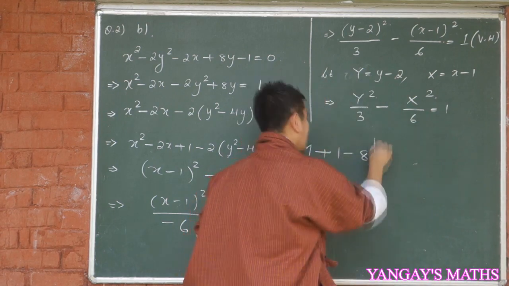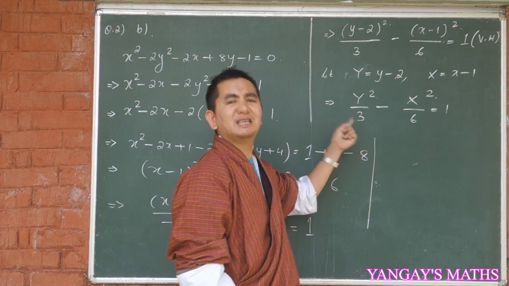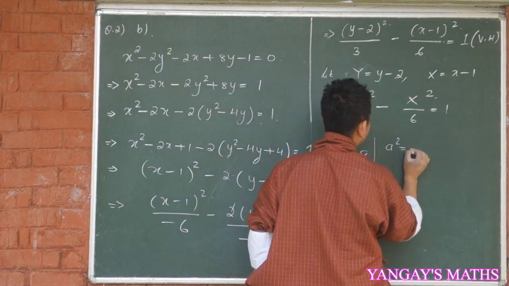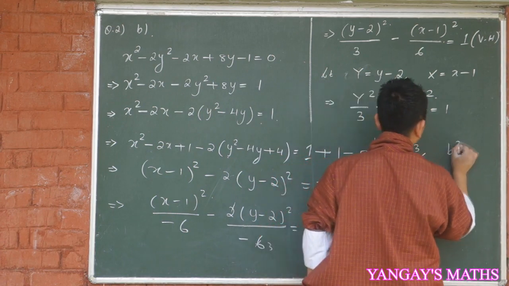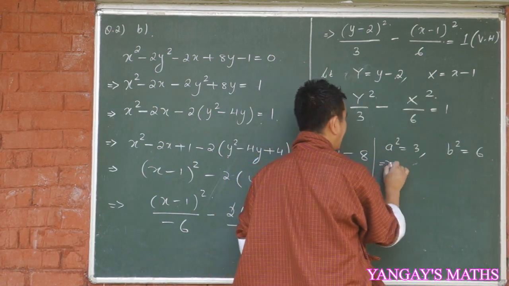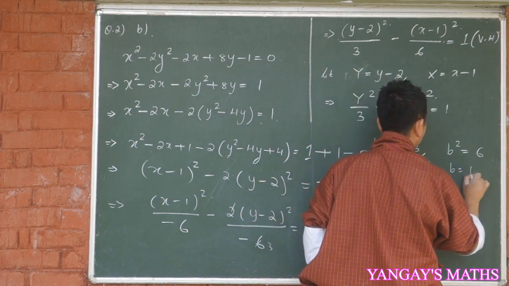If you compare this, what's this value now, a square or b square? This is always a square. So a square value is equal to 3, b square value is equivalent to 6, which implies a is equal to root 3, b is equal to root 6.